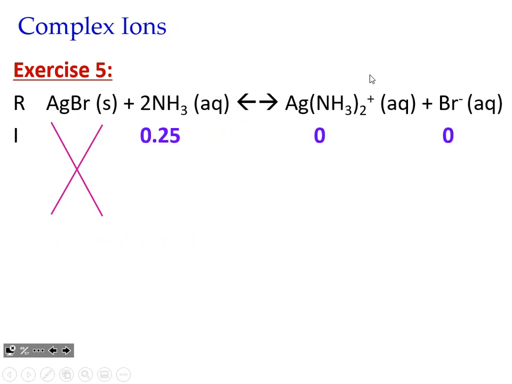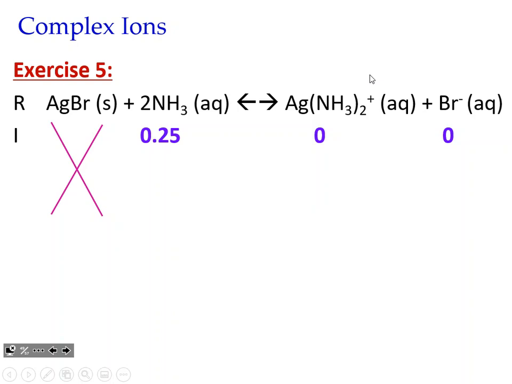Now you have to cross off the solid. The silver bromide gets crossed off because it's the solid that doesn't participate in equilibrium, just as long as it's present, you have to have some in there. But the aqueous species would all be calculated into the ICE table.